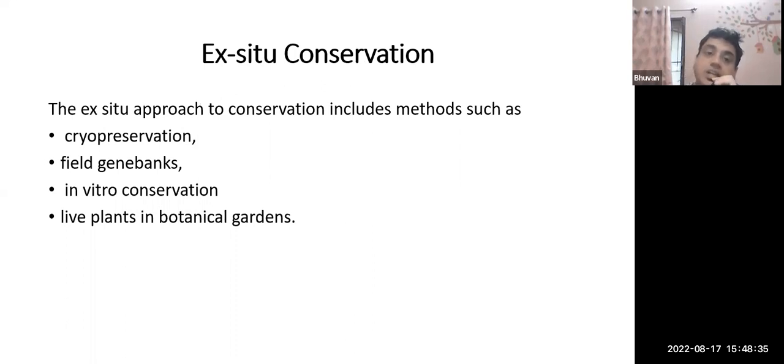Then we have the field gene banks, which include your seed banks, and also for domesticated animals, we have the sperm banks and egg banks, in which we can conserve the genes of these domesticated animals. Then we have the in vitro conservation, followed by the live plants in the botanical gardens. The botanical gardens are there, in which we can conserve the plants also.